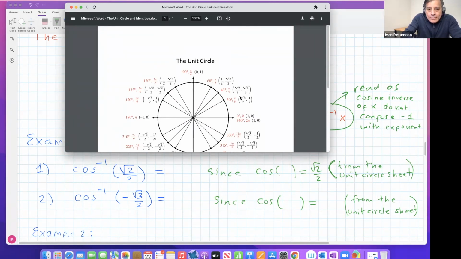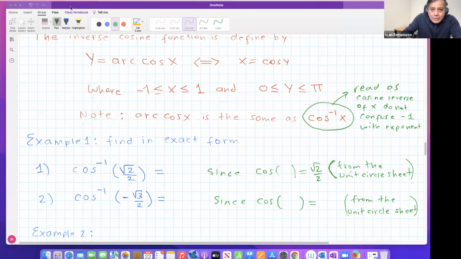Now, for cosine, remember, cosine is the first coordinate, right? So look for the first coordinate. Here, I got square root of 2 over 2. The angle is 45 degrees, right? It's in the first quadrant, so good, between 0 and pi.